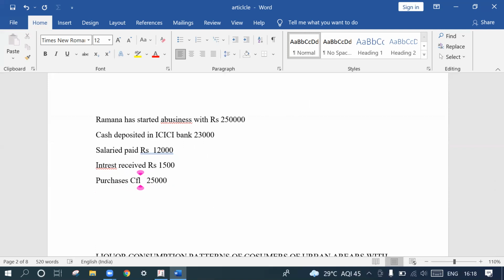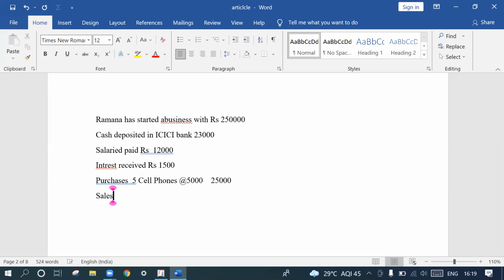We shall take 5 cell phones at the rate of 5,000 each. These are imaginary figures, so this is not accurate. Simply imagine that the cell phone cost is rupees 5,000. So at the rate 5,000, total is 25,000.